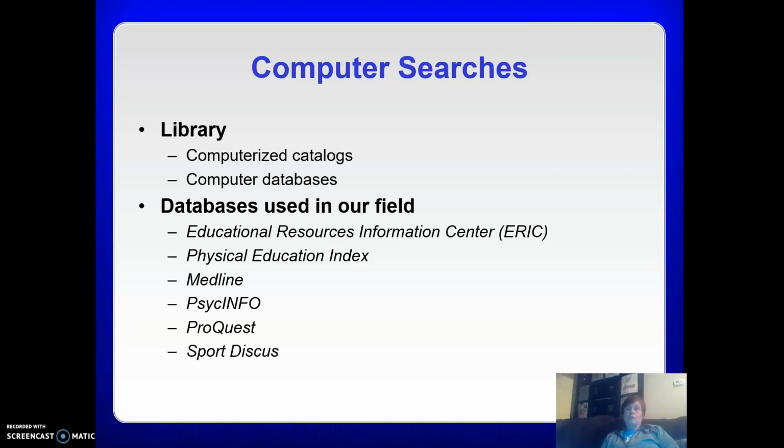Recently, I've been using Google Scholar, and that seems to be helpful as well. So I just encourage you to not limit yourself. Make sure that you are exploring the various databases and finding the best research articles for you to proceed in your research study.